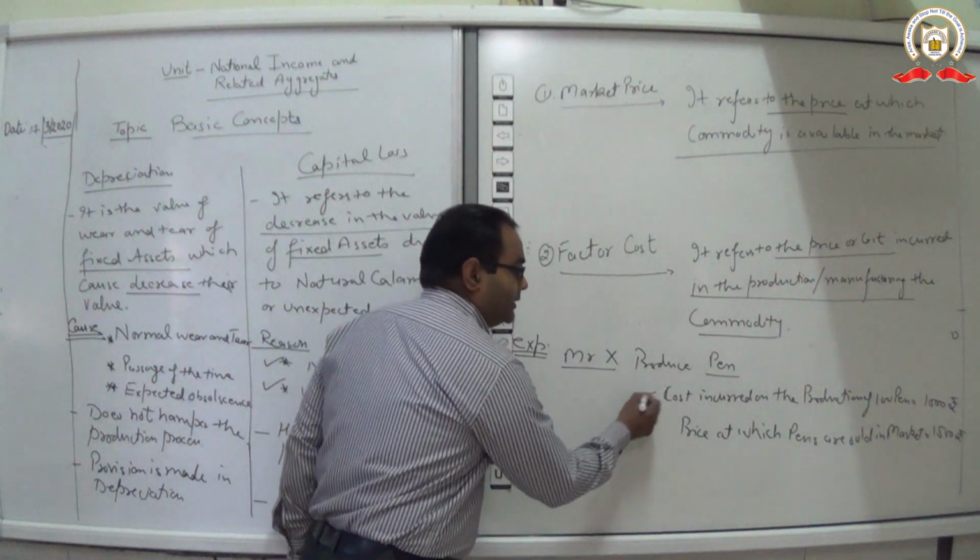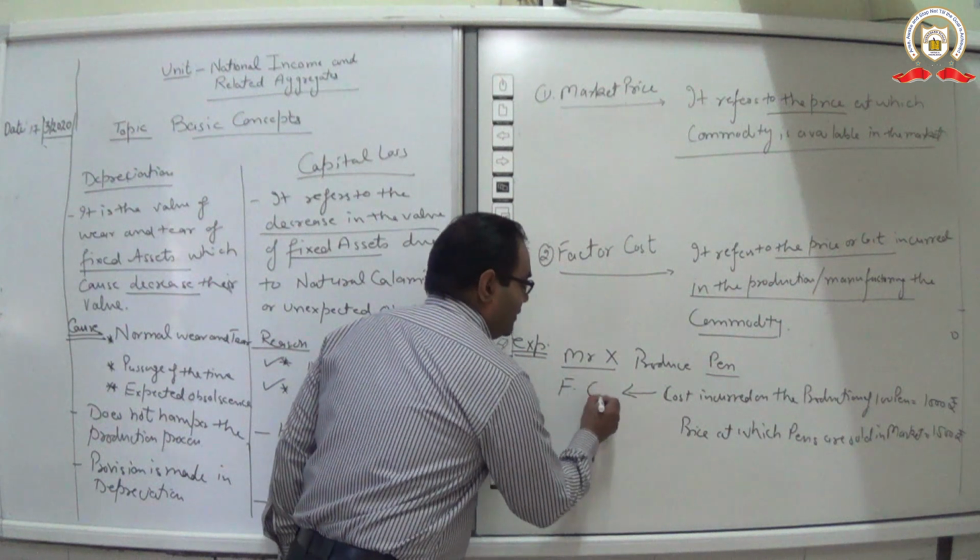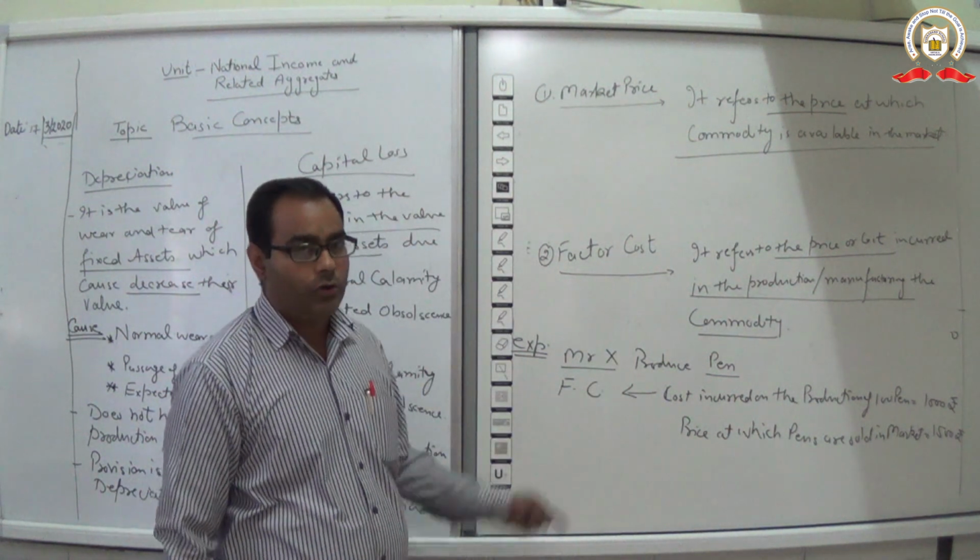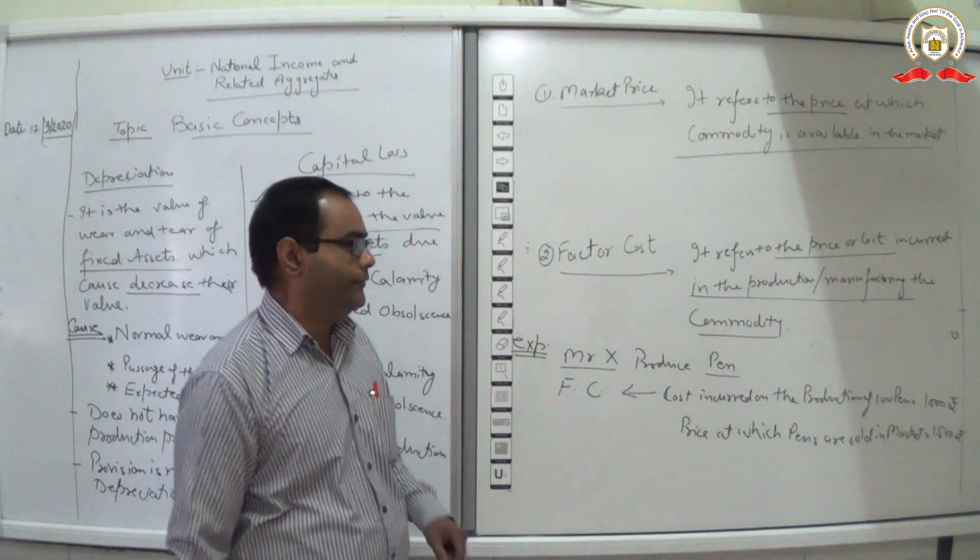Now this is known as factor cost, the cost incurred in the production of a commodity.